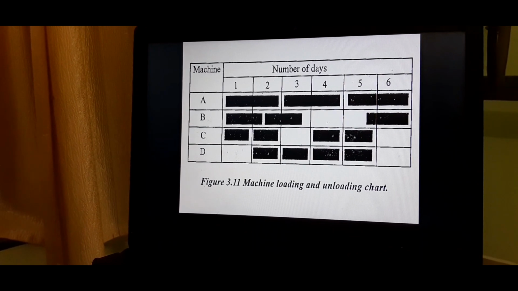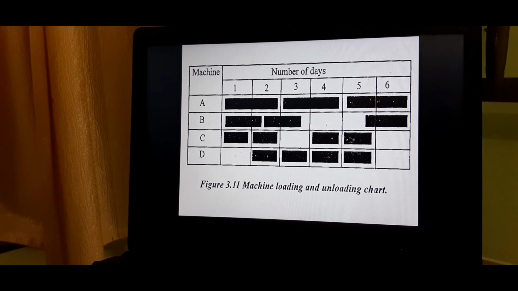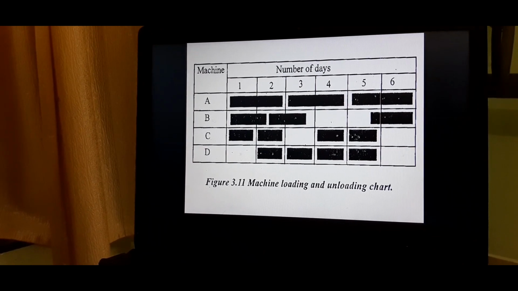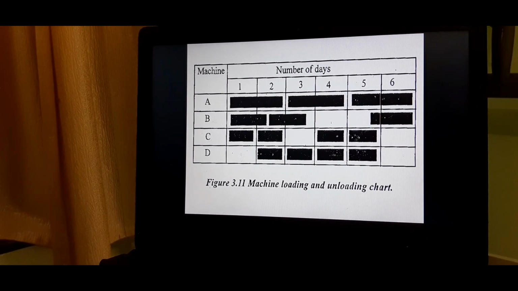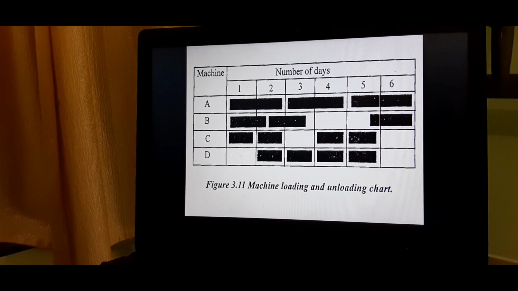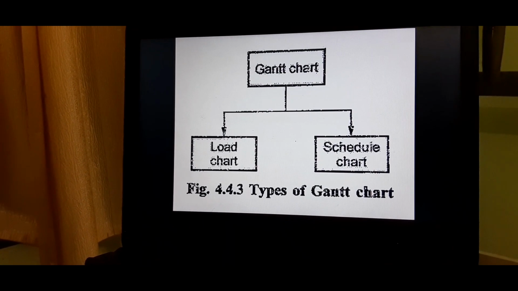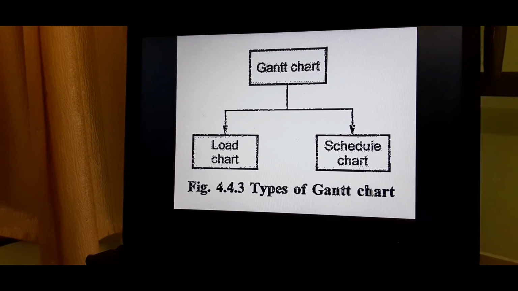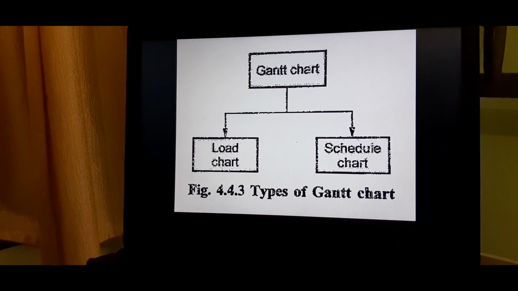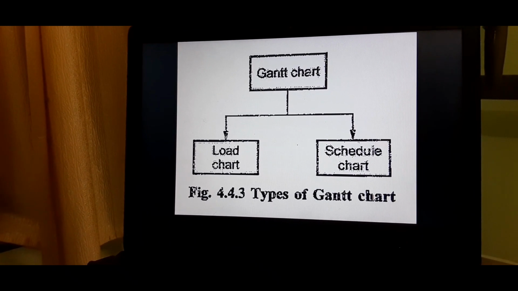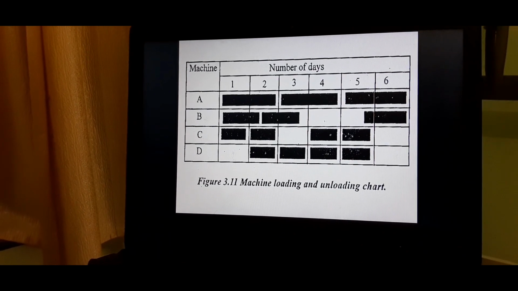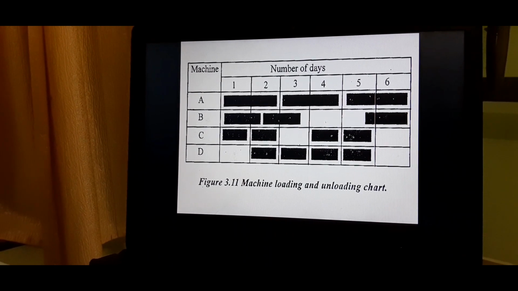Now let us see the classification or types. There are basically two types of Gantt chart. First one is load chart. Second is schedule chart. First, let us see what is load chart. See, this is the sketch related to load chart.